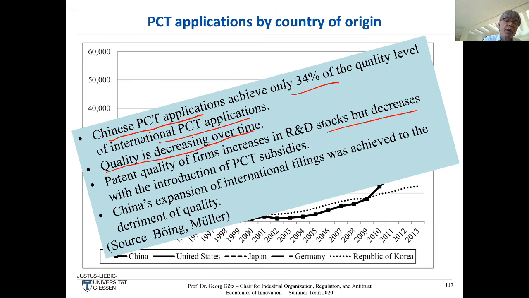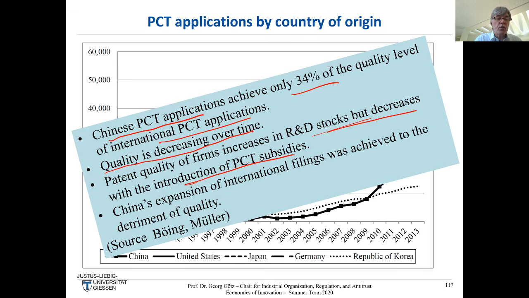Okay. Patent quality of firms increases in R&D stocks, but decreases with the introduction of PCT subsidies. So the point is that's what you would expect if you get a subsidy as a company. If you file more patents under the Patent Cooperation Treaty, yeah, you will produce more patents.